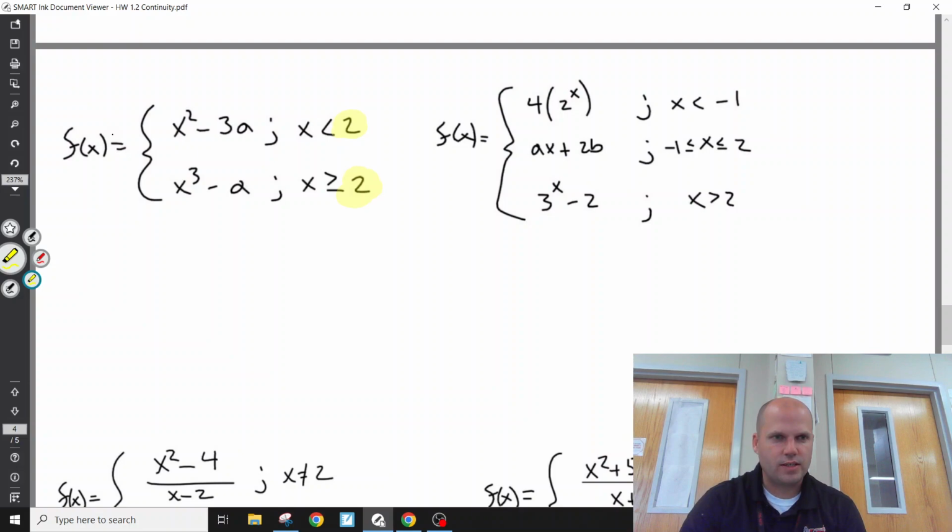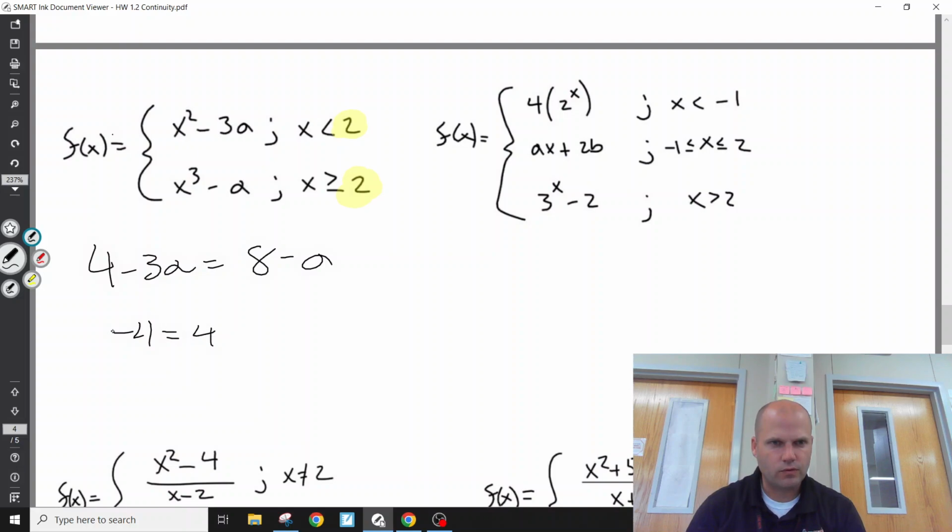We got to make sure the top piece meets up with the bottom piece at 2. 4 minus 3a equals 8 minus a. Add 3a, I get 2a. This is where I rush and I'm going to make mistakes. 4 minus 3a, 8 minus a.